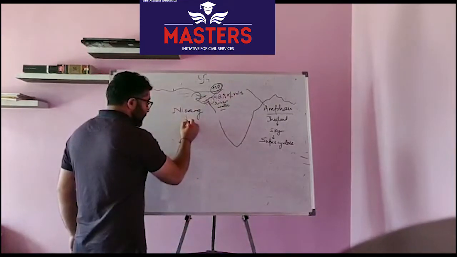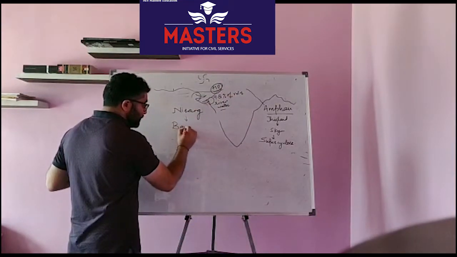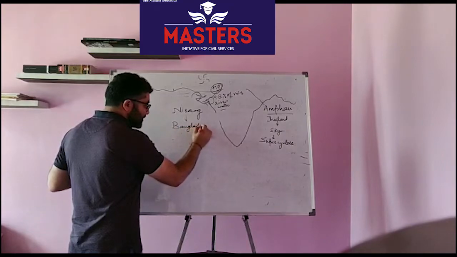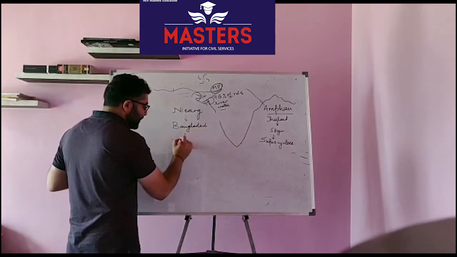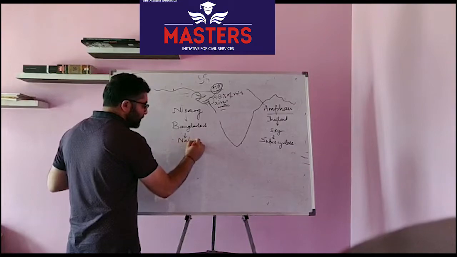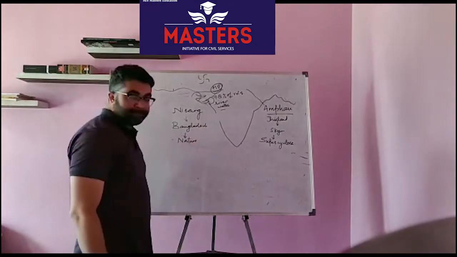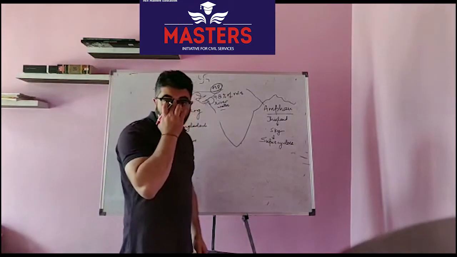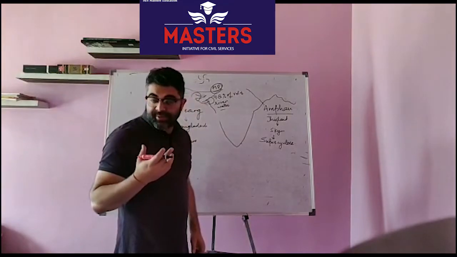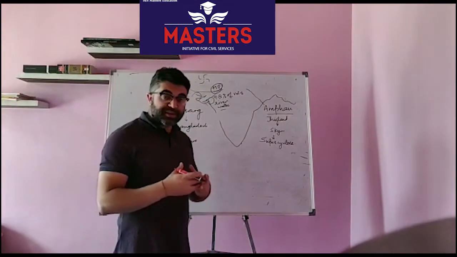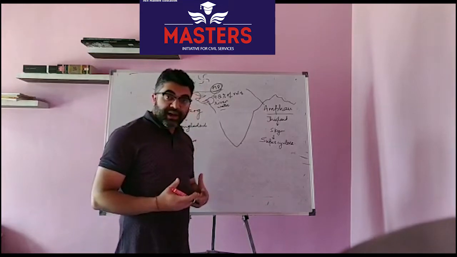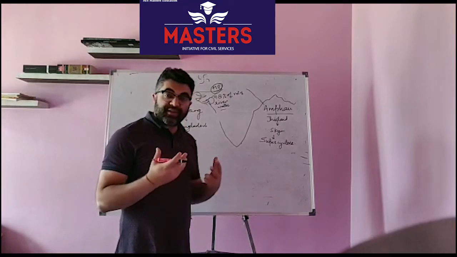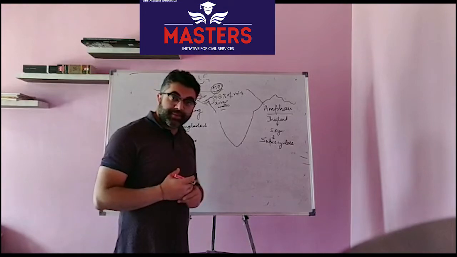Nisarg is a Bangla name, suggested by Bangladesh, meaning nature, Prakriti. It's not typically a super cyclone, but it's one of the rare cyclones because the coast of Maharashtra has not experienced a cyclone for a century.